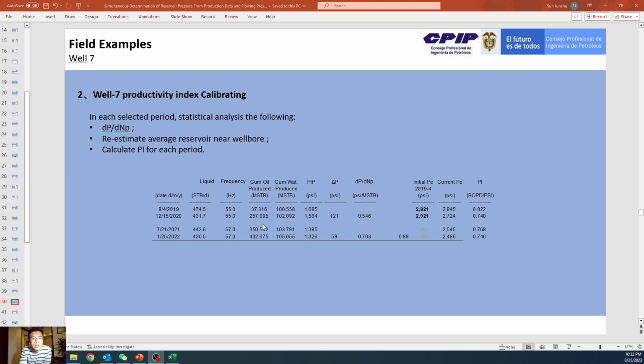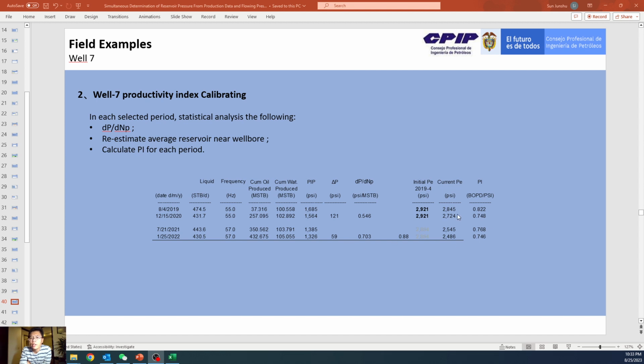So for the first period, the delta P is 121 psi, and delta P per delta MP is 0.546 psi per 1,000 barrels.